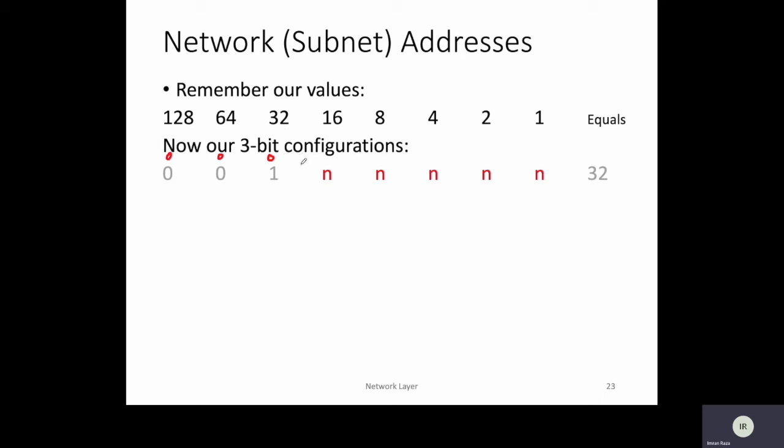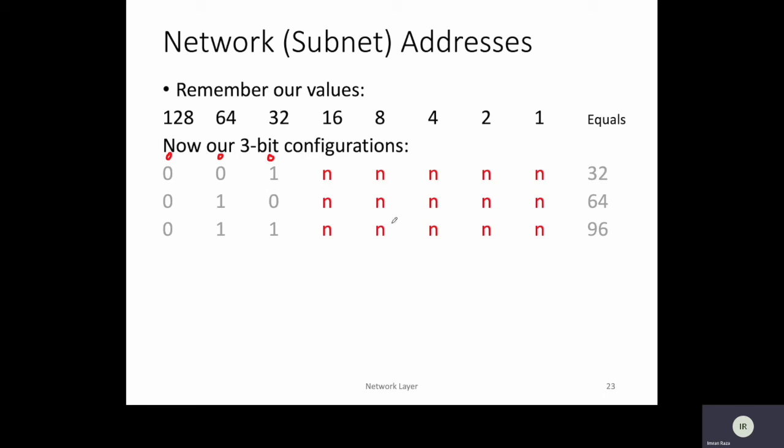So the value of the last octet is 32. Similarly, the second combination is 0, 1, 0. Which bit is on in this case? 64. Let me put the next combination, 0, 1, 1. What will be the value of the last octet now? 96. I have only borrowed 3 bits here.